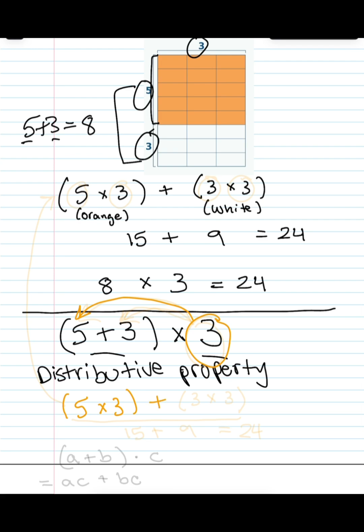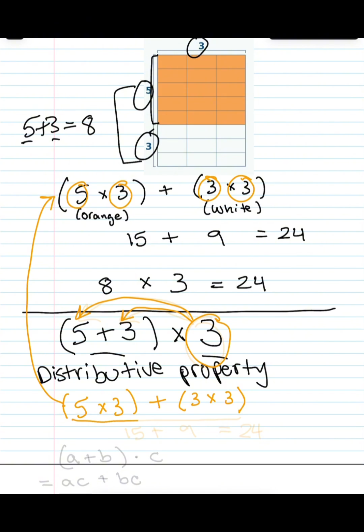And then we plus, and now the 3 gets distributed to the second value being added, so we have 3 times 3. Well, look, that's exactly what we wrote before when we did the rows by the columns. We did 5 rows by 3 columns plus 3 rows by 3 columns.